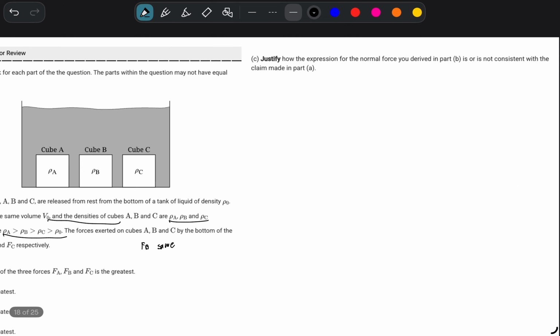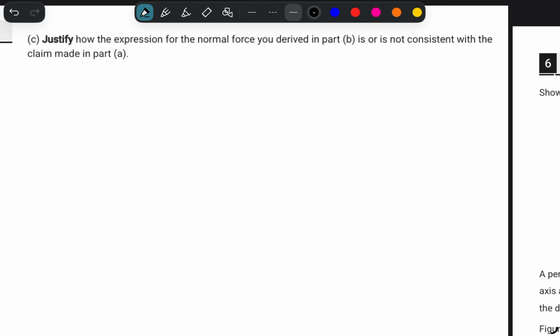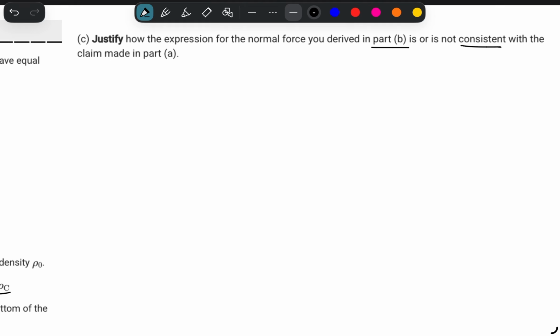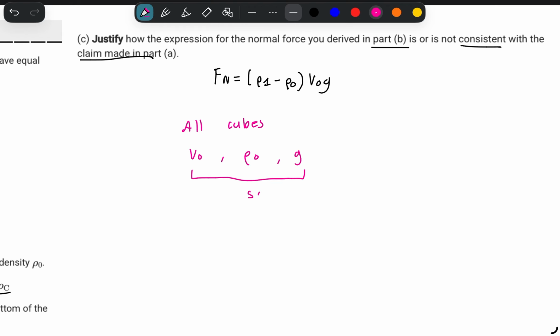Now, for our next part, justify why the expression for the normal force you derived in part B is consistent with the claim we made in part A. So we know that we found this expression. Let's think about all our cubes. We have V initial, rho, and g, and they're all going to be the same.